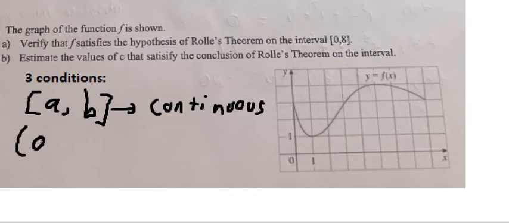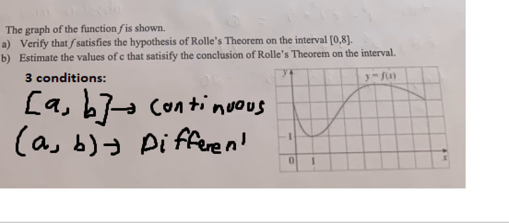About the open interval from a to b, they can differentiate. I just write differentiable in here. And the last one, f of a equal to f of b.